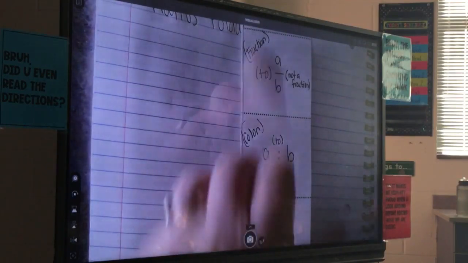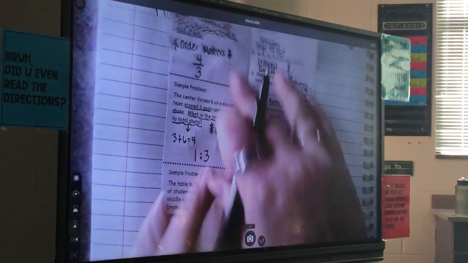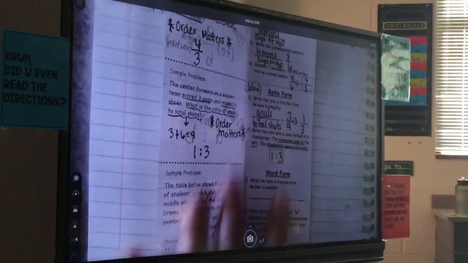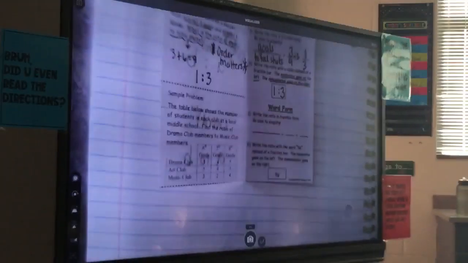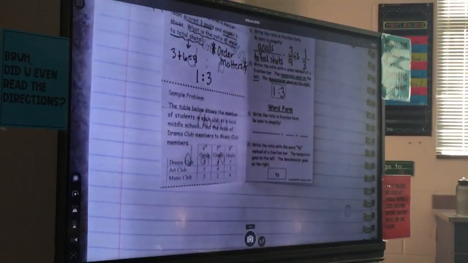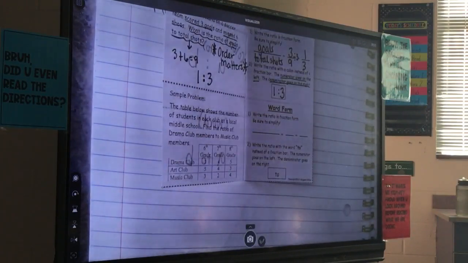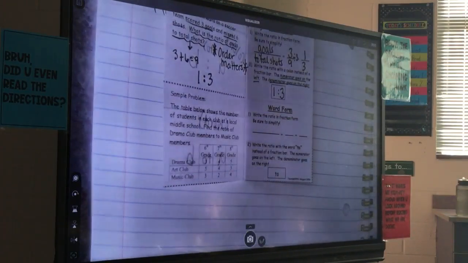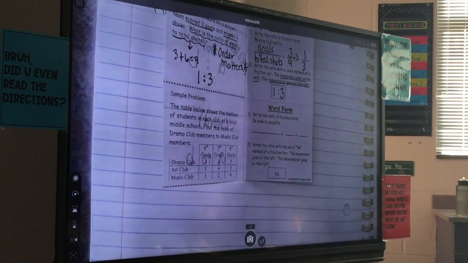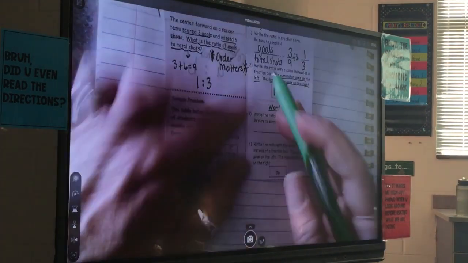All right, go ahead, open it up. So again, the very same process as writing it with a colon. You're going to write it in fraction form, then you're going to simplify, and then you're going to follow the same things. The numerator goes left, the denominator goes right.